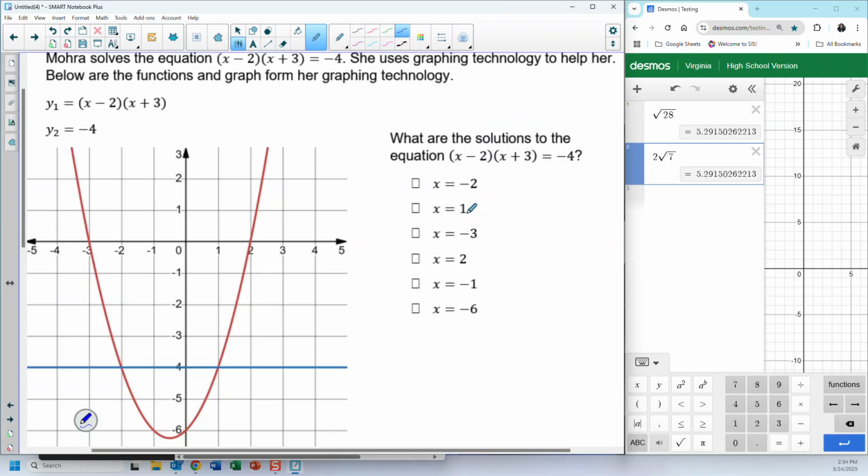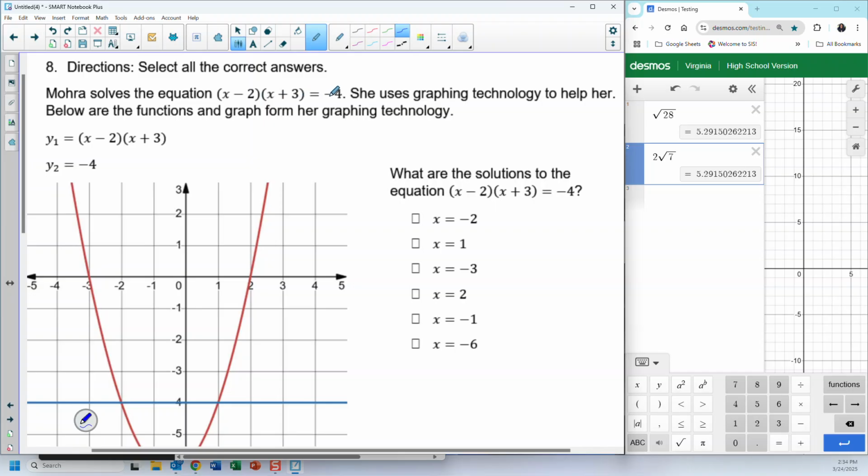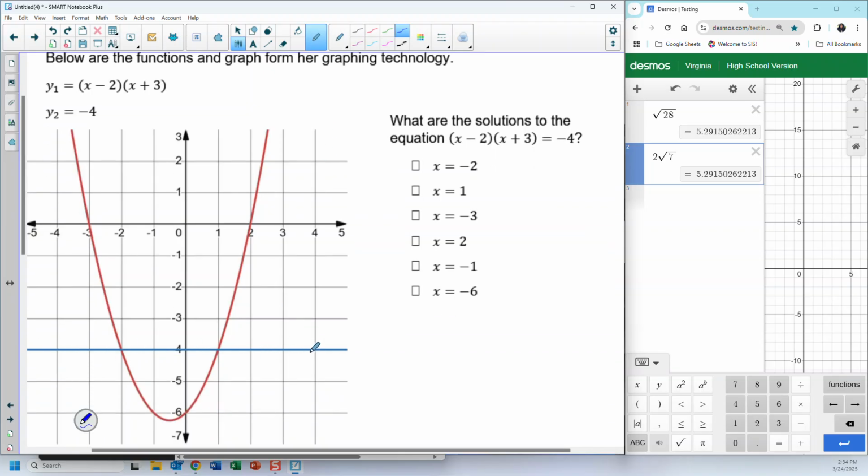What are the solutions? Well, the solutions are going to be where your function is equal to negative 4. So here's negative 4. So where it equals negative 4 is where it touches this graph right here. So this is a solution. Negative 2 is a solution, and this is also a solution. 1 is a solution.